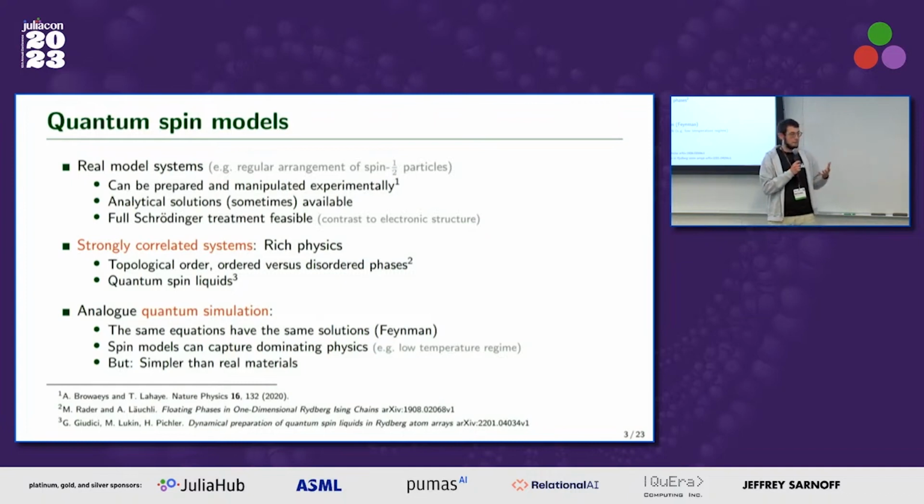The point is that these systems are small and simple. Sometimes you have analytical solutions, but at the same time, you can really probe them. So it's an ideal analogous system, if you so wish, to make the connection between theory and experiment, and understand how you can model new theoretical problems in an efficient way. I really like this idea that a lot of these quantum spin systems reflect more complicated systems.